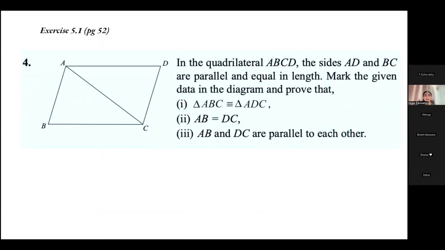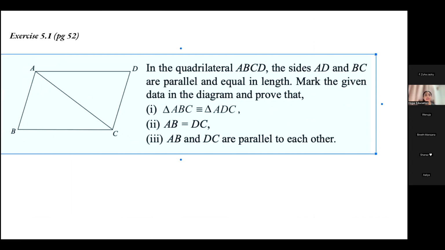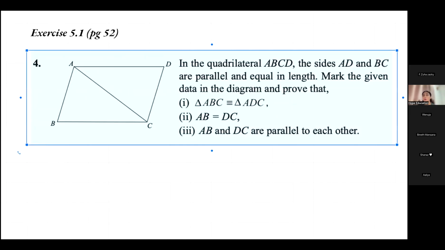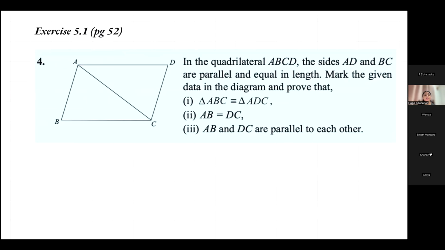Let's discuss together. In the quadrilateral ABCD, the sides AD and BC are parallel and equal in length. What is the side AD? That is here. The side BC is here. And they are parallel and equal in length.